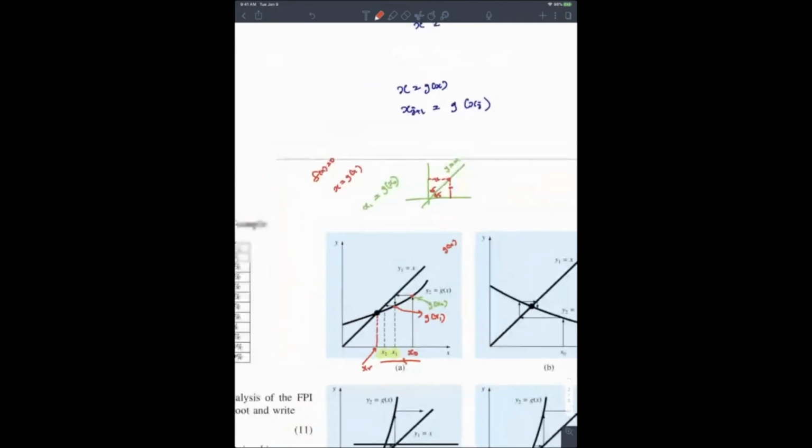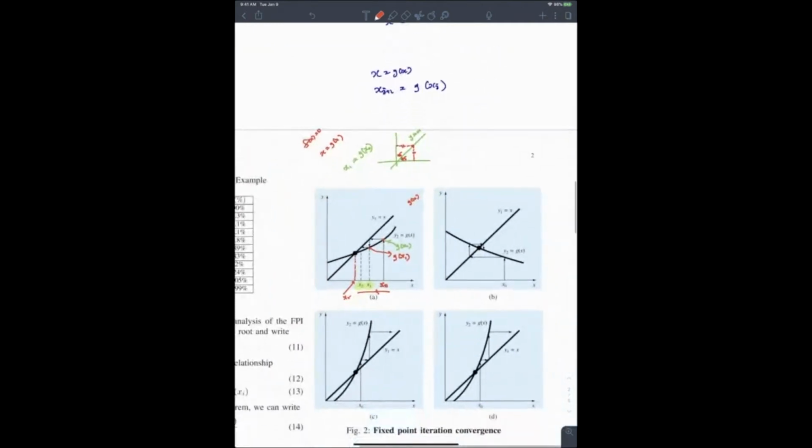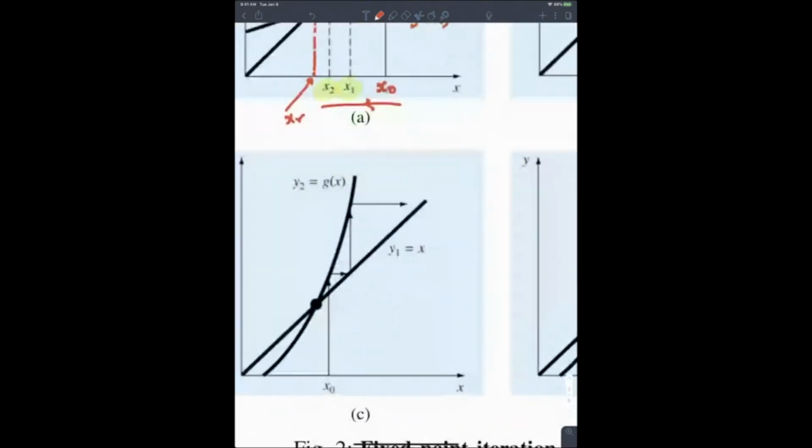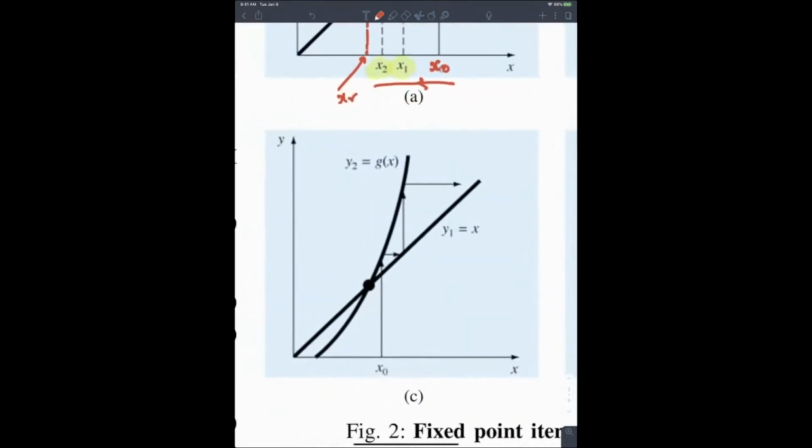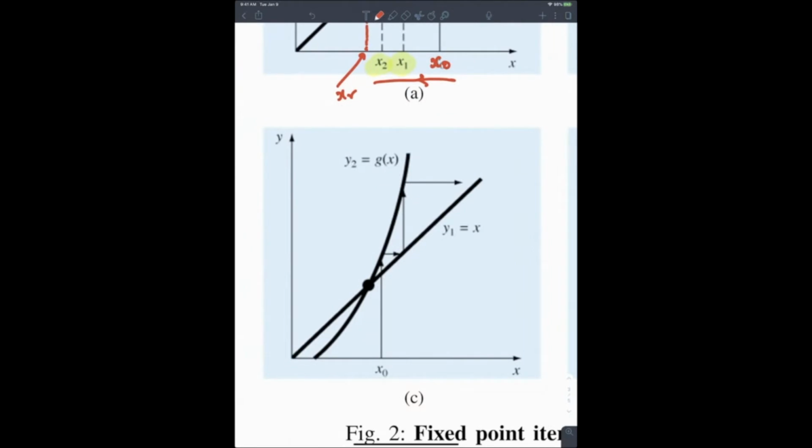So once graph A is understood, what happens here? Now we know the drill. You start with x0, find that point, gx0.